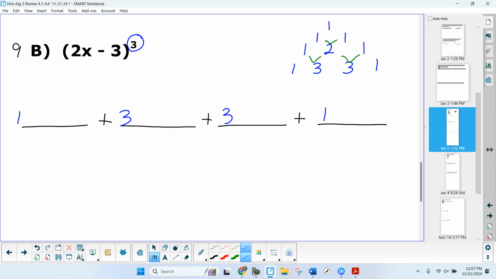All right. Now I start with this term, which is 2x. How many 2x's do I have here? 3. How many 2x's do I have here? How many 2x's do I have here? And how many there? 0. Those of you who are coming back, I just started the review.